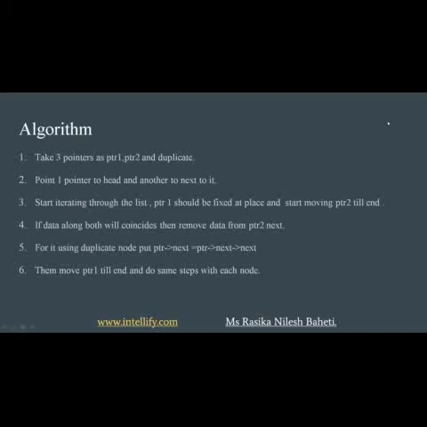In the fourth step, if the data of both coincides, then remove the node after PTR2. Fifth, using the duplicate node, set PTR2 next equal to duplicate next. And in the last, sixth step, move PTR1 till the end and do the same steps with each node. So to make the idea clearer without wasting our time, let's rush toward the programming part to find and remove duplicates from an unsorted linked list.